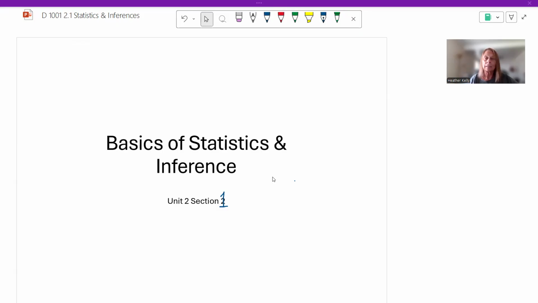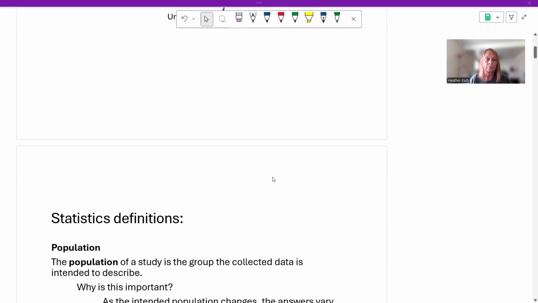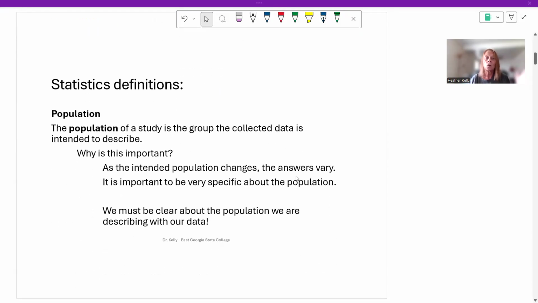Okay, let's get started then. All right, so let's talk about some statistic definitions. First off, population. The population of a study group is the group that you collect data on. And why is it important? Well, as the population changes, the data skews, maybe opinions in data polls or something like that.